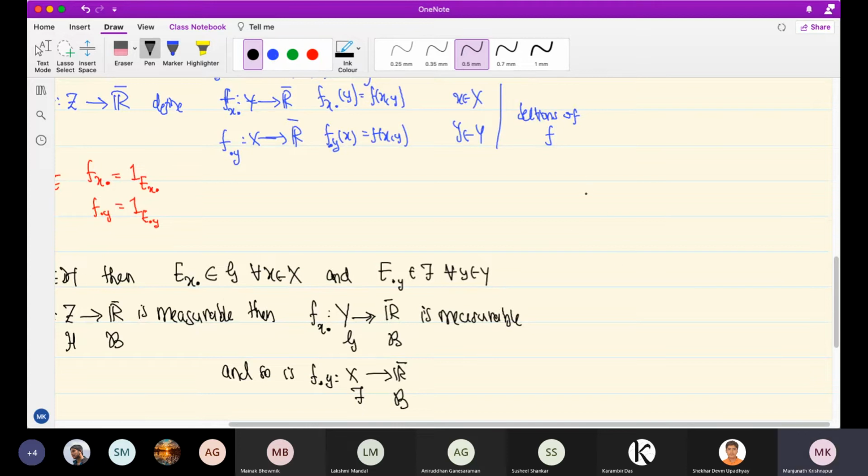If you take the real line with the Lebesgue sigma algebra, and [0,1], this is the diagonal.